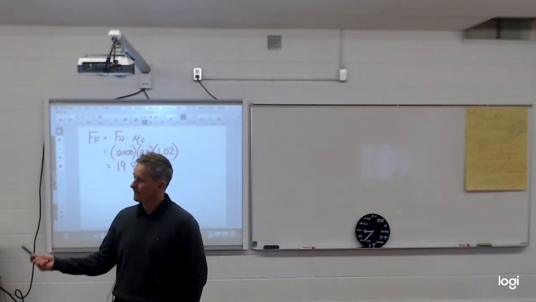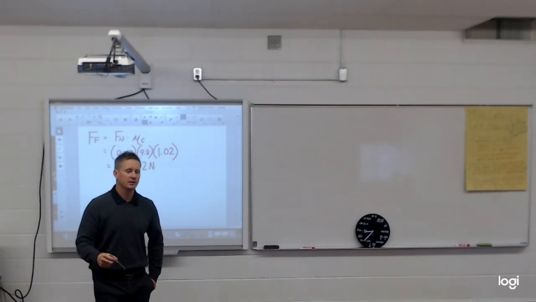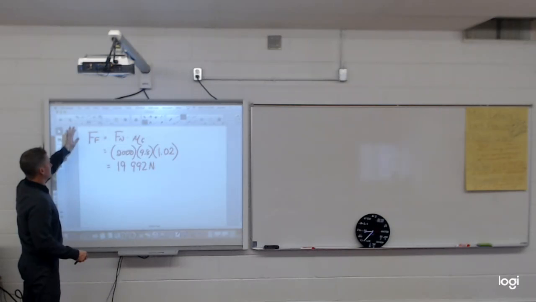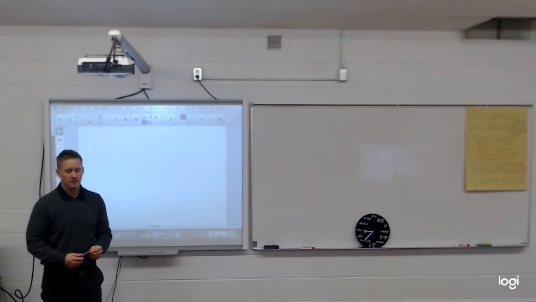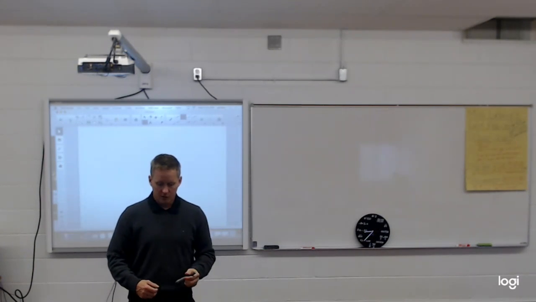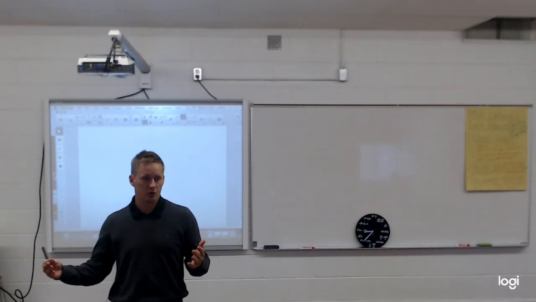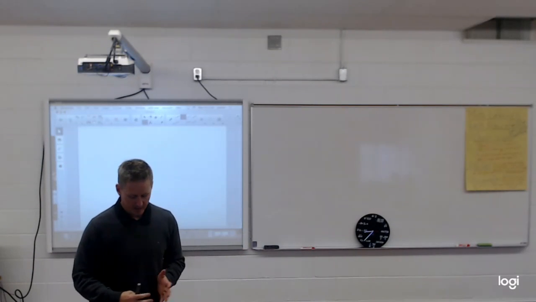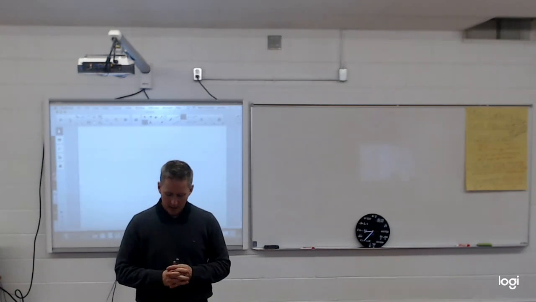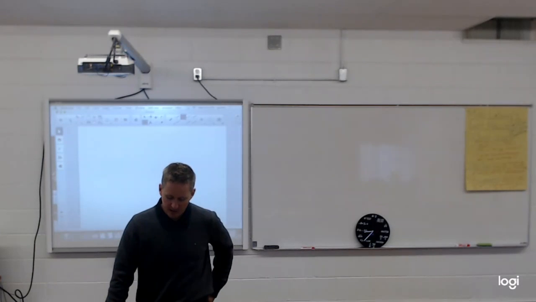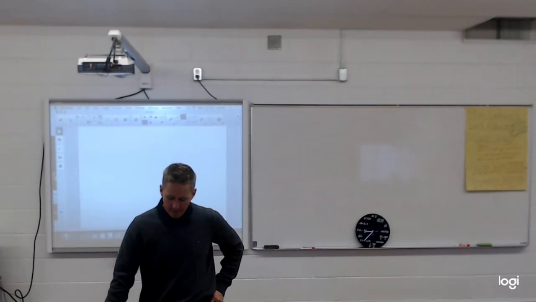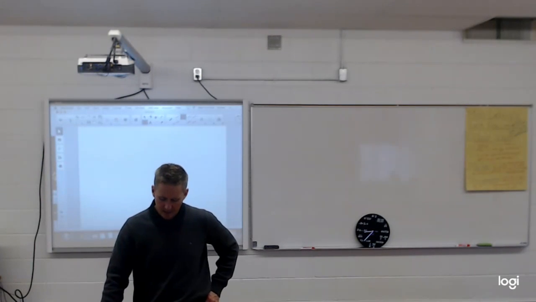This next question is one of the questions you had on your assignment that you handed in. It's similar to the train question, the exact same way you do that question. A 20 kilogram box is dragged across a level floor with a force of 100 newtons. The force is applied at an angle of 40 degrees above the horizontal. If the coefficient of kinetic friction is 0.32, what is the acceleration of the box?